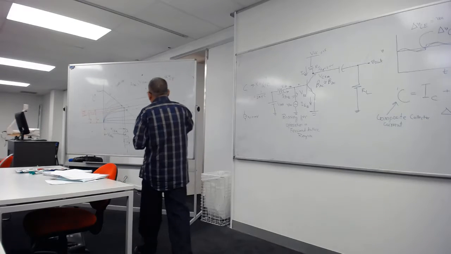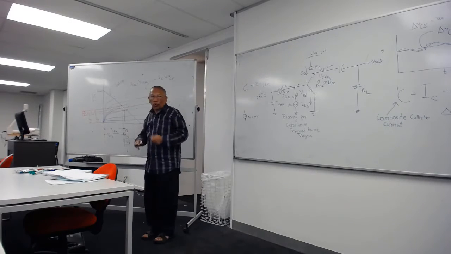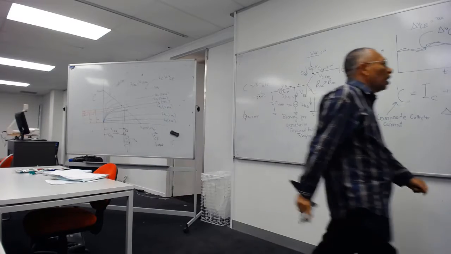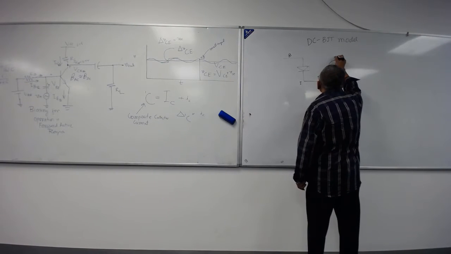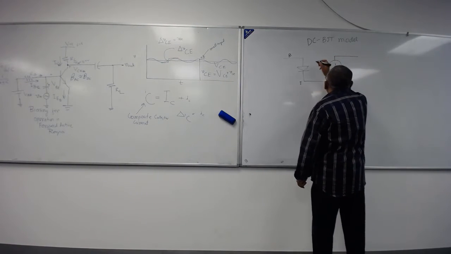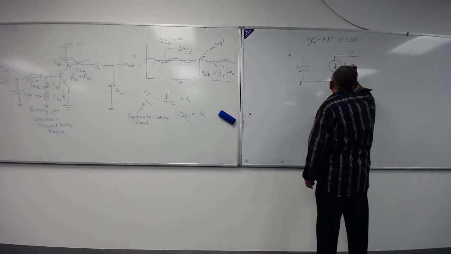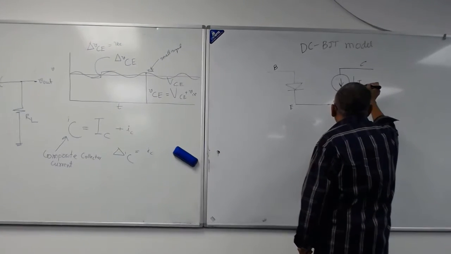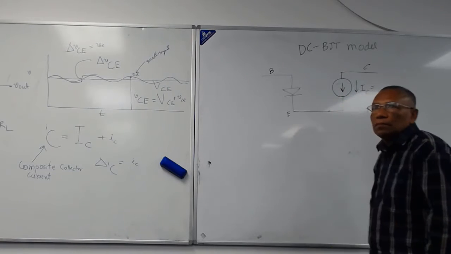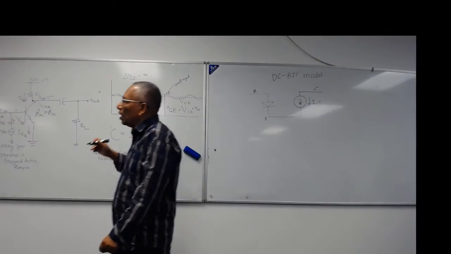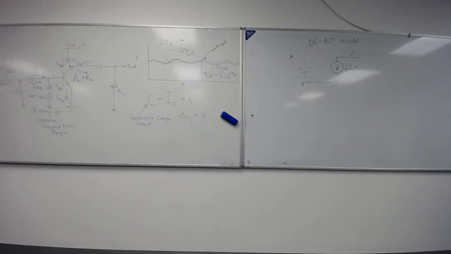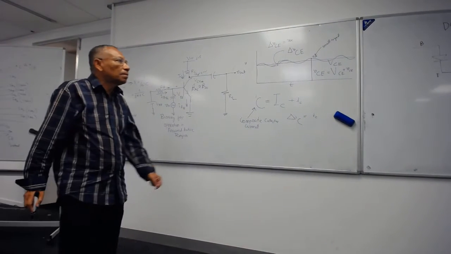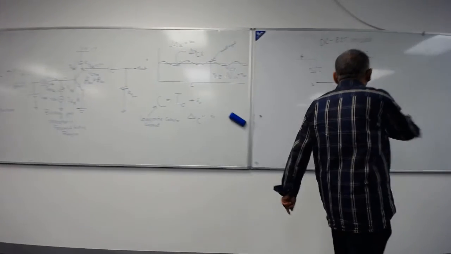So the output behavior of the BJT is like a current source. So we can put a current source here. This is emitter, this is collector, and this is your current source current IC. As you change your VCE, it doesn't change. And what is the relation between this collector current and the base current? Beta. Beta, very good. So this is your beta DC.